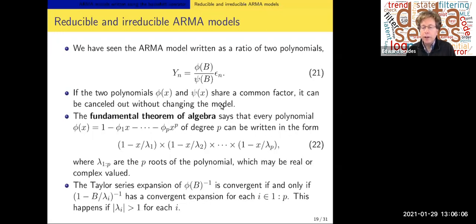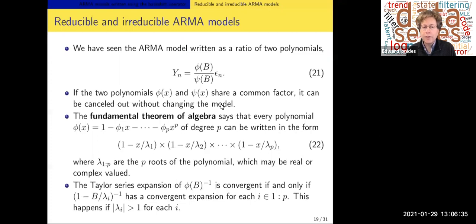So if we look at this ratio, yn is phi of B over psi of B epsilon n, well, phi of B and psi of B are polynomials. They might share a common factor. And if they do share a common factor, it can be cancelled out without changing the model. And common factors of polynomials is equivalent to common roots.